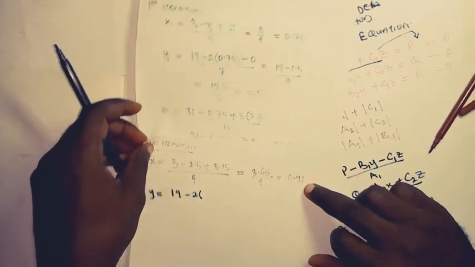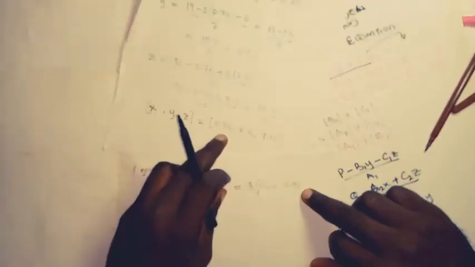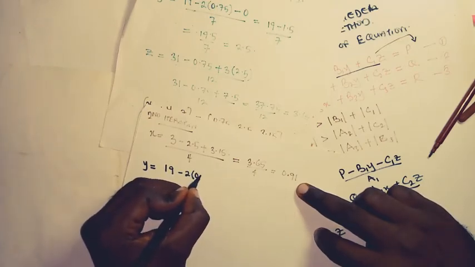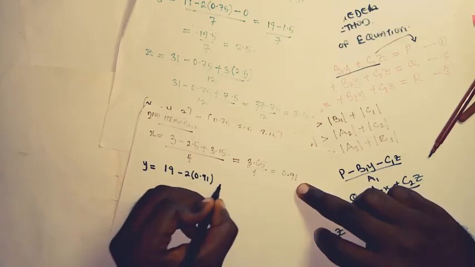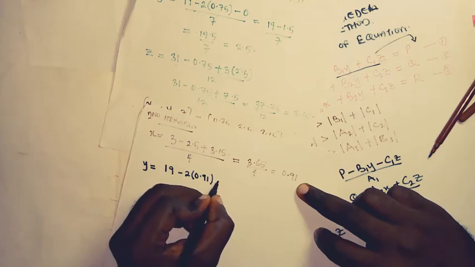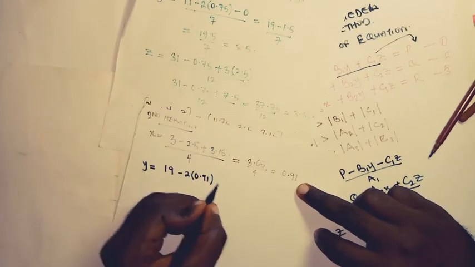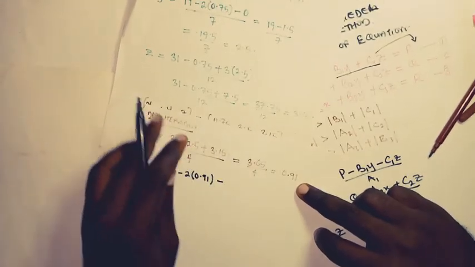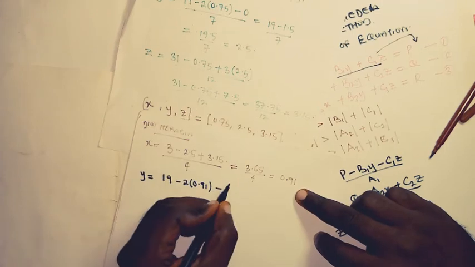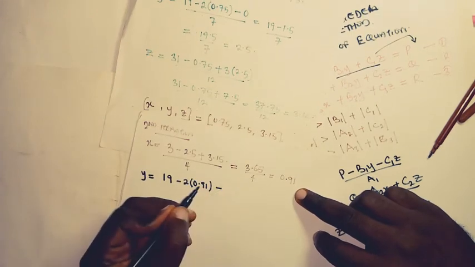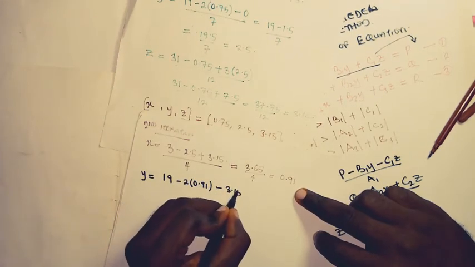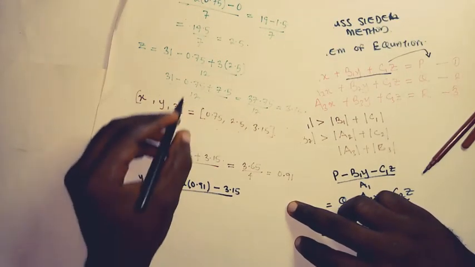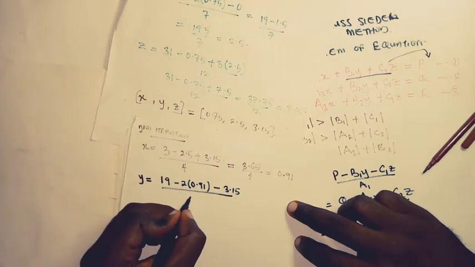So I'm not going to be using the previous value of 0.75, but I'm going to be using the new value of 0.91, minus z, which I have the value 3.15, divided by the coefficient of y, which is 7.